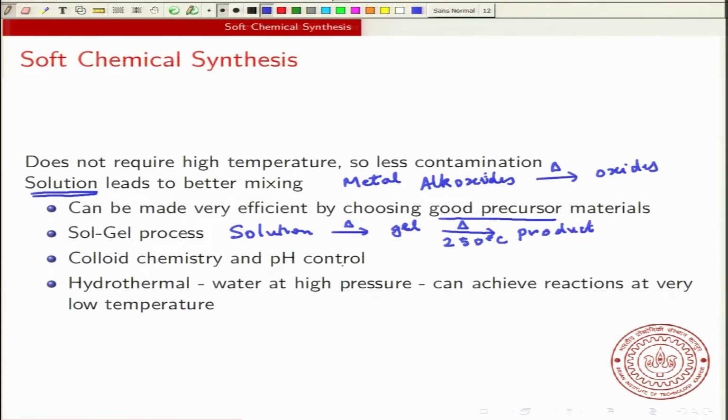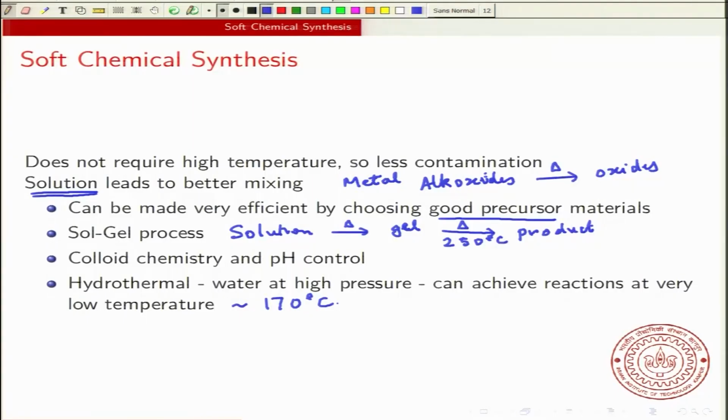I am not going to discuss these in detail. There is another variant of this called a hydrothermal method, where you use water at very high pressures, and this can achieve reactions at very low temperatures. For example, the same spinel can be prepared at 170 degrees centigrade using a hydrothermal method, where you use water at very high pressures to make the reaction faster.